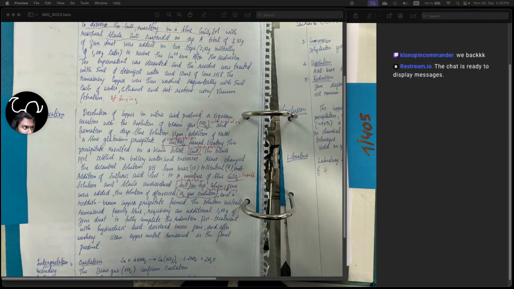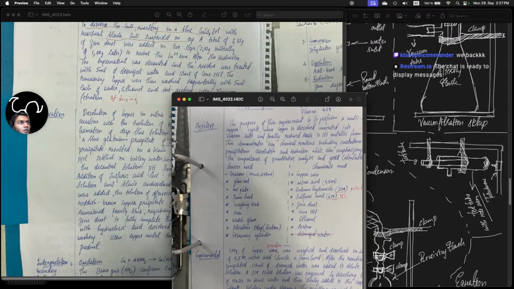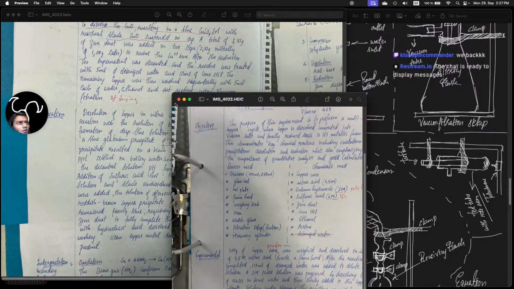Acetone, CH3-C(=O)-CH3. Now, Cu(NH3)4 2+. What? There's two? Oh, it was the first one. Okay.